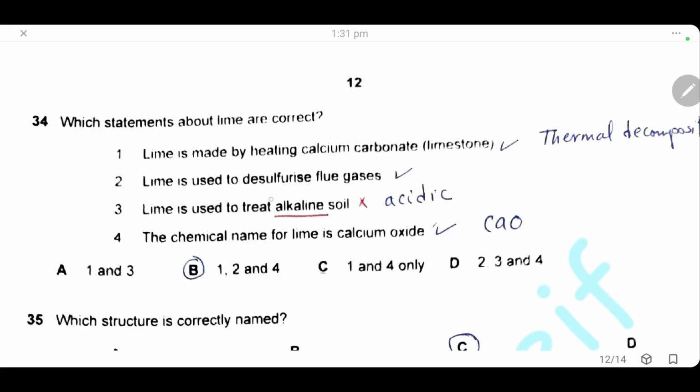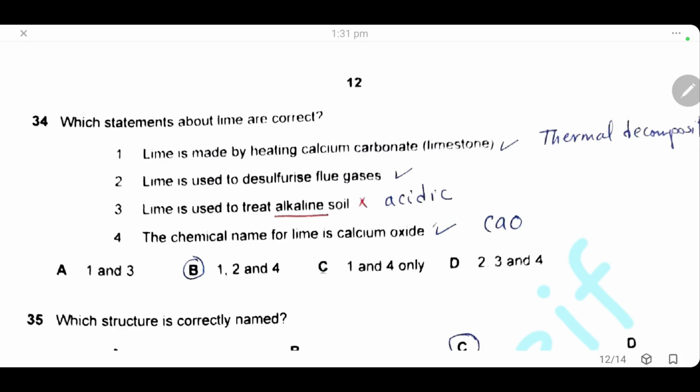Lime is used for desulfurization of gases, like gases produced from the power station, which has sulfur dioxide gas. It's an acidic gas, so it is neutralized by lime. Statement 2 is also correct. Lime is used to treat alkaline soil. This is a wrong statement.